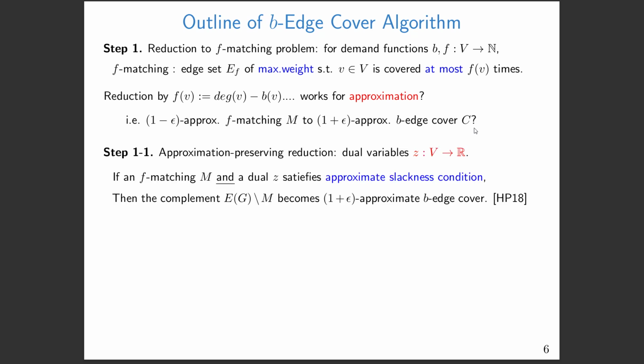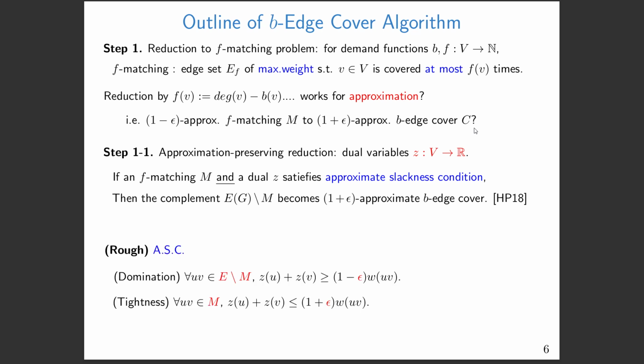But luckily, if our F-matching M also comes with dual variables for each vertex, and if its dual satisfies a certain condition, then we know its complement becomes a 1 plus epsilon approximate cover.